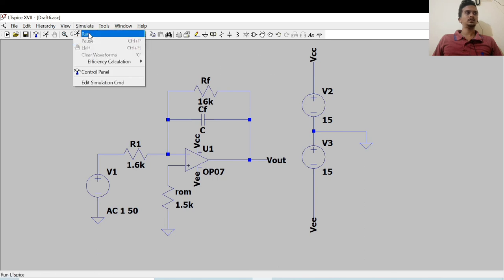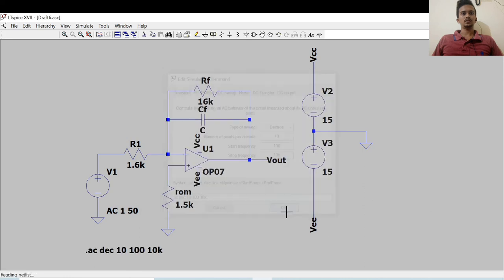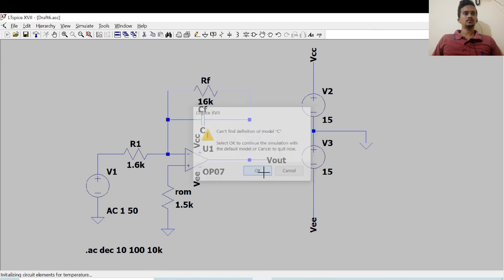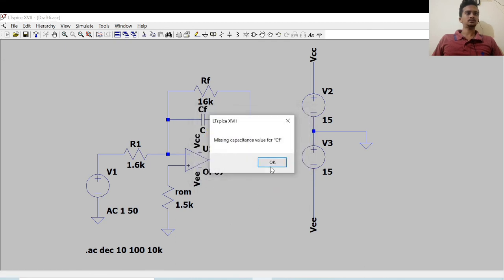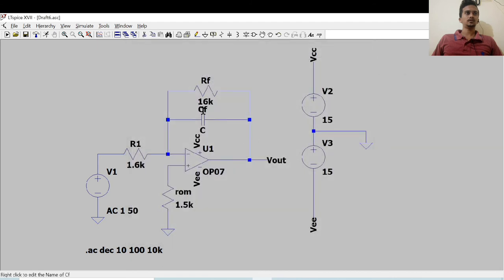Let's simulate it. We'll go for AC analysis. We'll keep it in decades. We'll need 10 points. We'll start from 100 hertz and it ends at our FB frequency, that is 10 kilohertz. Oh, our CF value is missing.